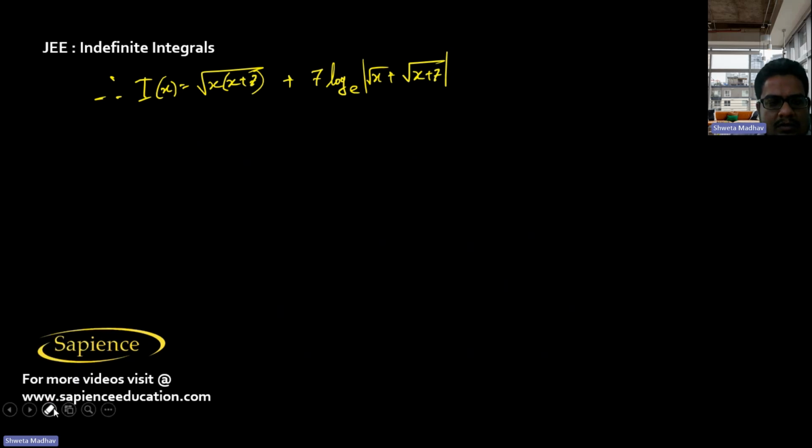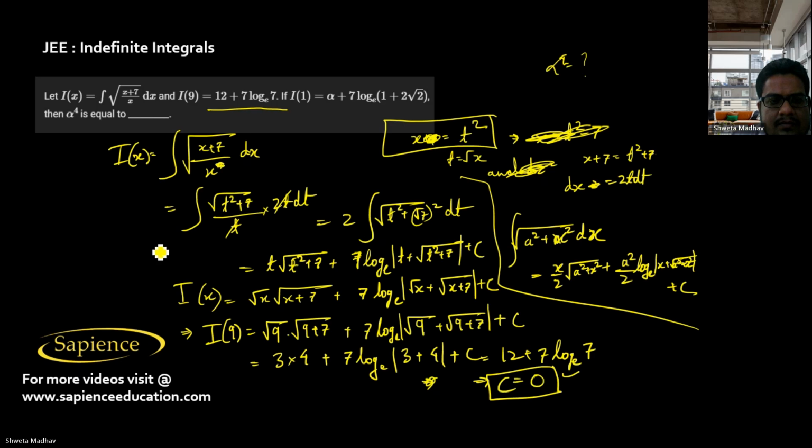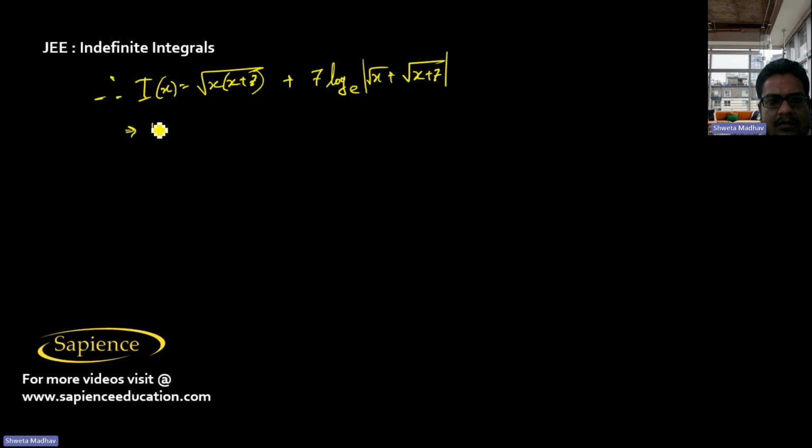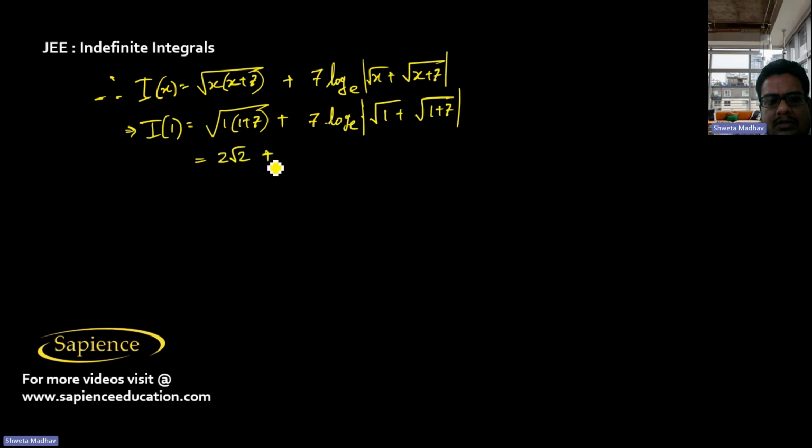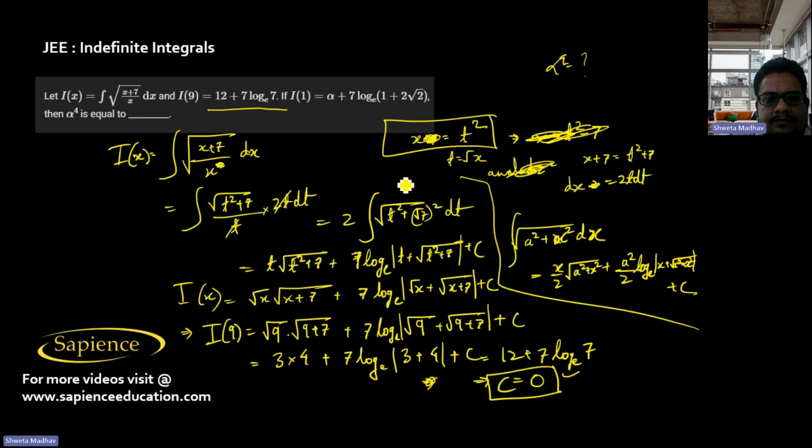So now I of 1 will be root over 1 into root over 1 plus 7, plus 7 into log base e mod of root over 1 plus root over 1 plus 7. So this will be equal to root 8, and root 8 is obviously 2 root 2, plus 7 into log base e of 1 plus root 8, that is 2 root 2.